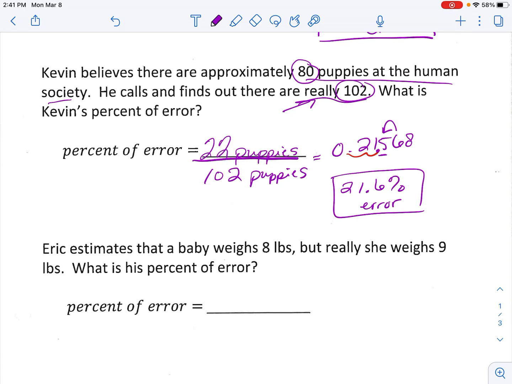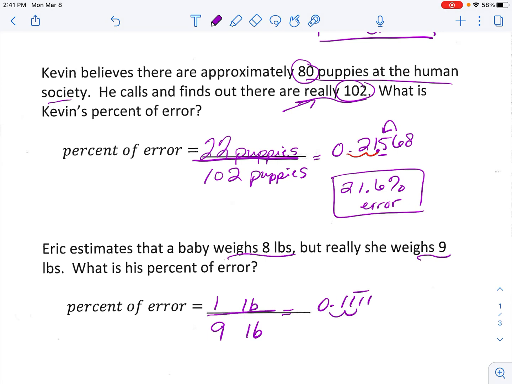Eric estimates that a baby weighs 8 pounds, but really she weighs 9 pounds. What is the percent of error? Okay, the amount of error was 1 pound. He was close. The actual amount of the baby was 9 pounds. If you do 1 divided by 9, we get 0.1111. It's repeating.